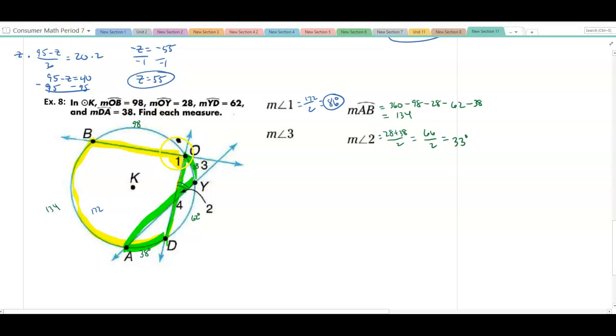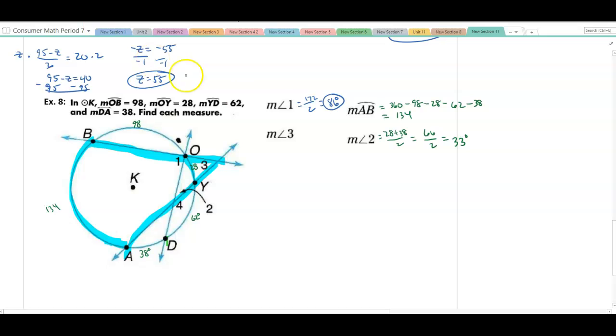Now, I am going to erase these lines to help you with the last one here. Okay, when I go to find angle 3 now, remember this was 28 degrees. Angle 3 is an outside angle. And if I highlight the lines that make up angle 3, I'll notice angle 3 eats this arc and it eats this arc.